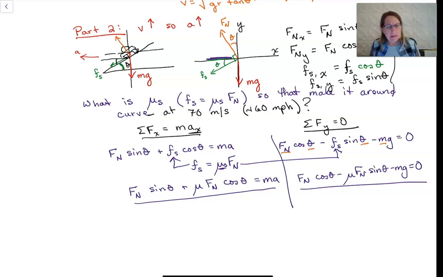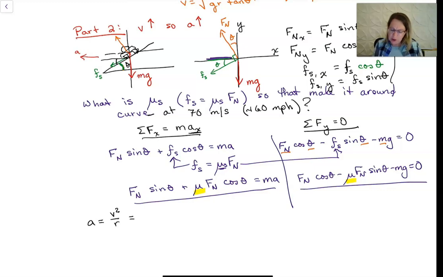And it's kind of a messy algebra problem, but it is worth doing so you can see how to deal with this. So we want to remind ourselves what we're looking for. I've got two equations and this mu, which I'm looking for. But I also have some unknowns of masses and normal forces. I know theta, and I can get at the acceleration because the acceleration is v squared over r.